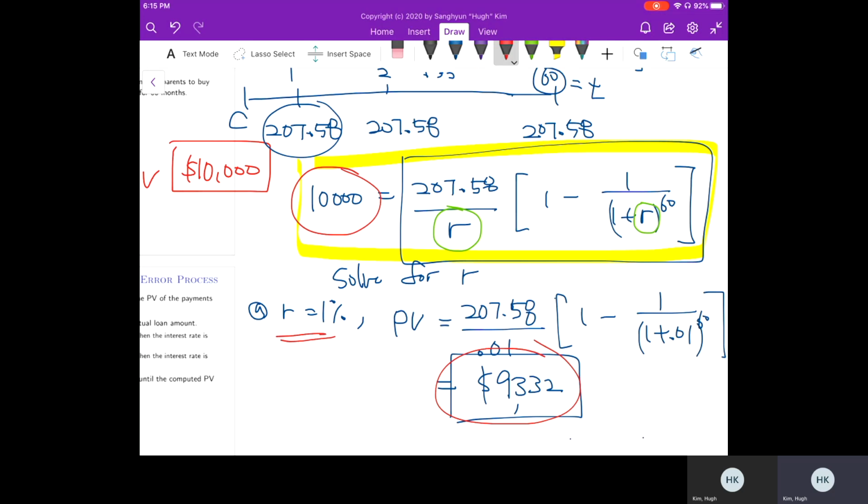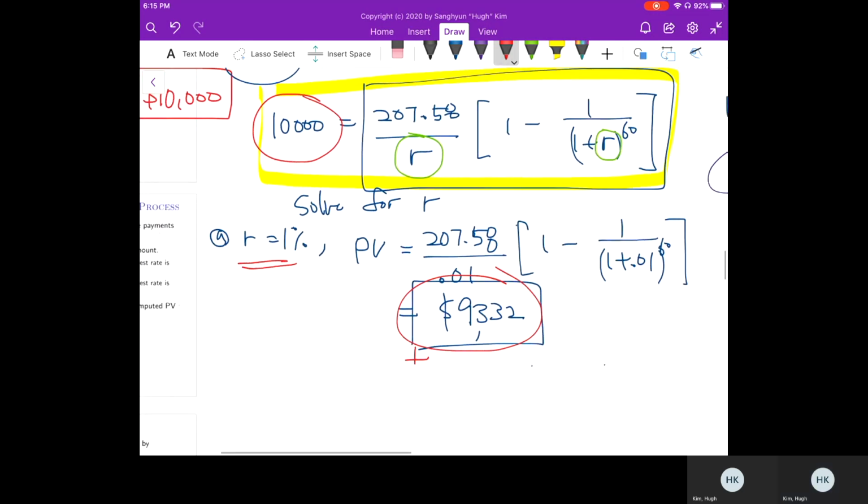So my guess is incorrect, right? This present value of annuity formula tells me that my guess is incorrect. Actually, the present value is too low. That means that the interest rate, my guess, is too high because R is in the denominator.